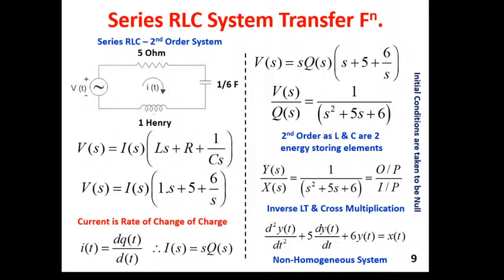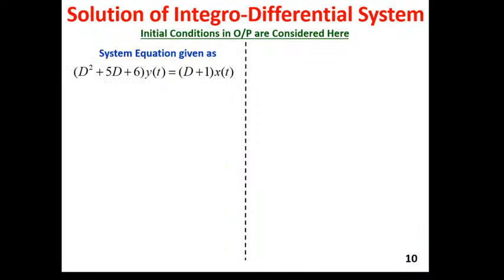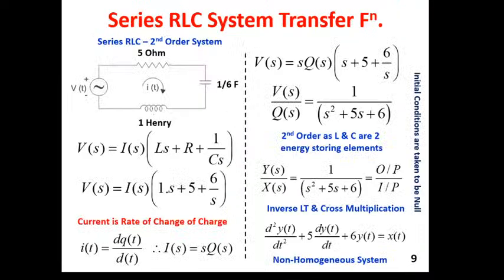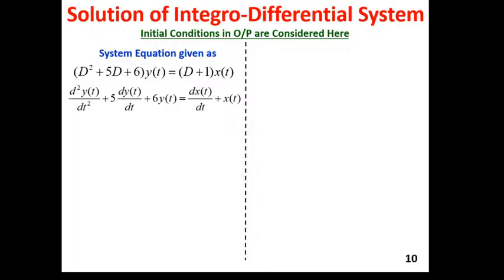We can take this input as sinusoidal, step, ramp, any kind of input. Let us solve the system shown towards the end, that is d2 yt by dt2 plus 5 dy by dt plus 6 yt equal to xt for the output, and we will see how to take all these things into consideration and find out how to solve this equation.